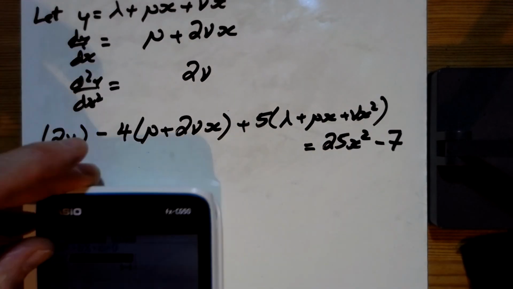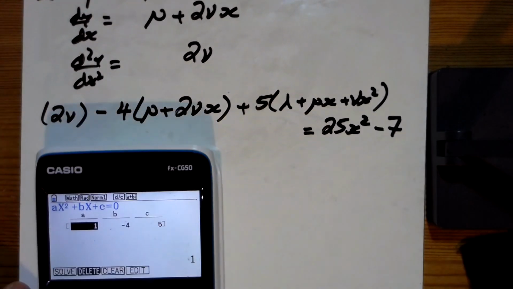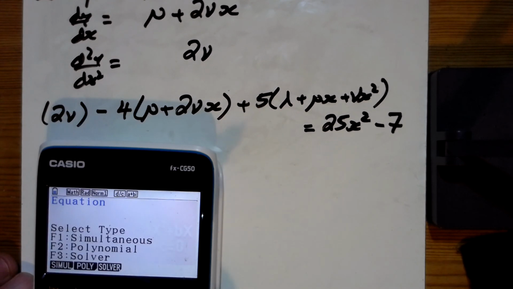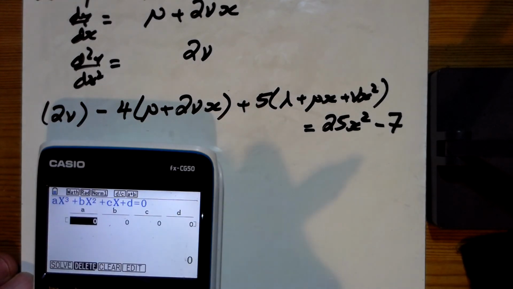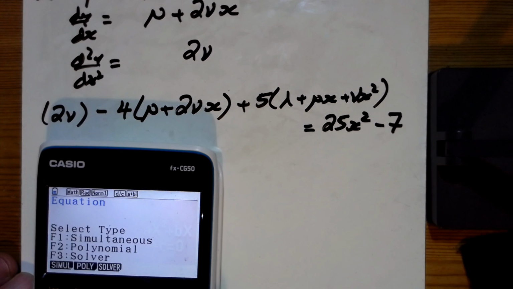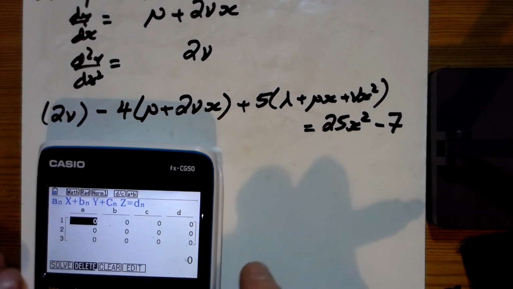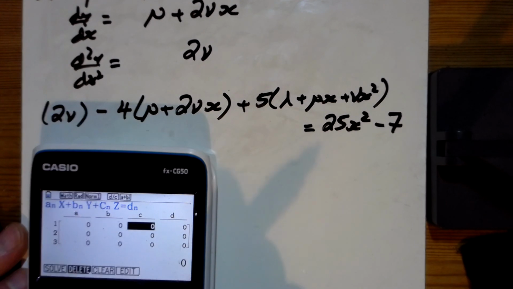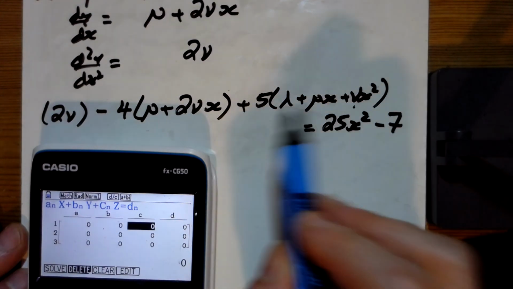But I'm going to do it on the calculator again, just to make sure. I think it's going to be quicker eventually. So we're doing a polynomial degree 3. No, we're not. We're doing a simultaneous equation with 3 unknowns. First of all, we're going for the x squareds. So no lambda x squareds, no mu x squareds, just the nu here.